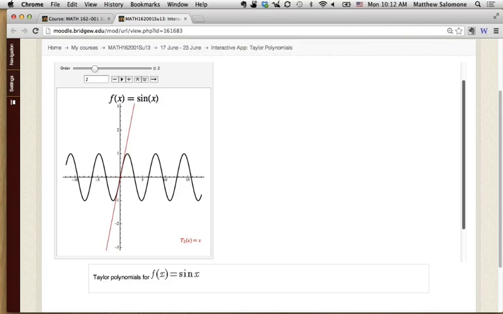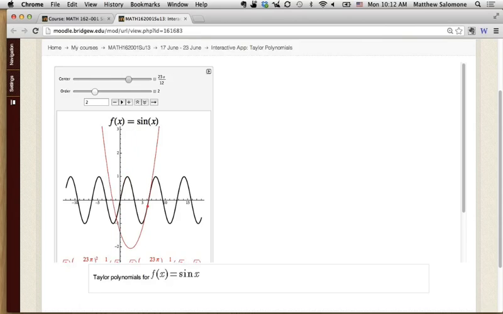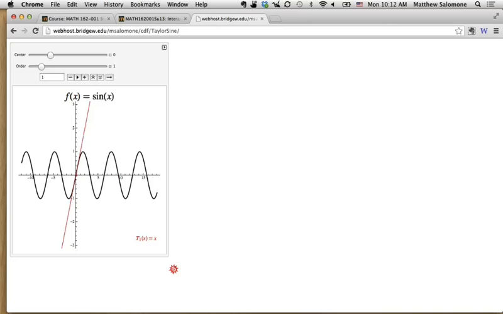But when we went up to third order, the graph of our polynomial approximation, and there it is down in the lower right, P of x equals x minus 1/6 x cubed, is no longer a tangent line, but you might call it a tangent cubic, right?